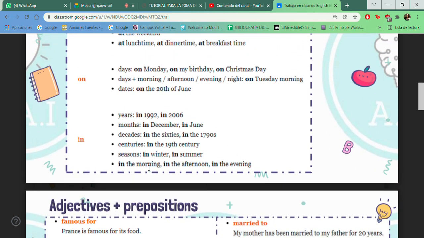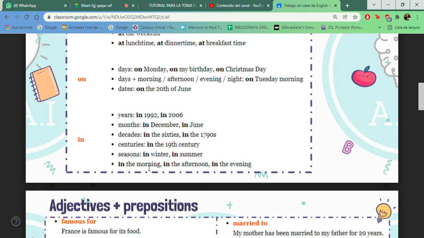And then we use for longer periods of time in 1992, in 2006, in December, in June, in the 60s will be decades, in the 19th century will be centuries, seasons, in winter, in summer, in the morning, in the afternoon, in the evening are expressions that we use with in.